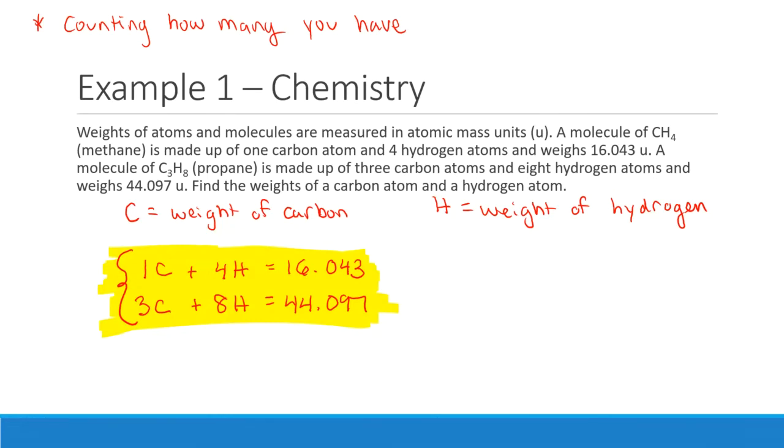Now, I'm not going to go through and solve this, but I am going to give you the answers for the solving, so that way you can practice this on your own to solve this system. And then you can check your answers with what you are supposed to get.